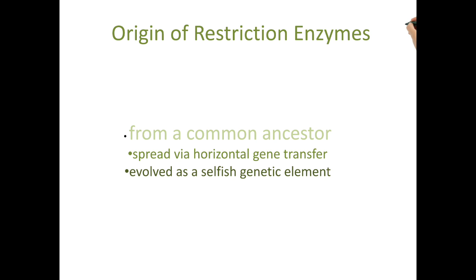Now, the second point, spread via horizontal gene transfer. What is horizontal gene transfer? Now, you have some idea about vertical gene transfer. Let me explain it to you. There were two parents, they had their own genes, they were crossed, and they made the filial generation or F1 generation, the next generation, their sons. So, the son has some genes from both the parents.